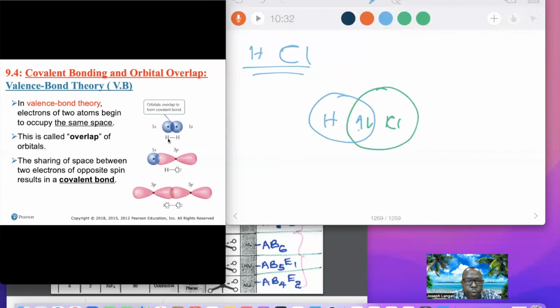If you look at the valence shell, why do we say 3p? Because the outermost electron is in the 3p orbital and there is an overlap. For chlorine gas, there is an overlap between the 3p orbitals.